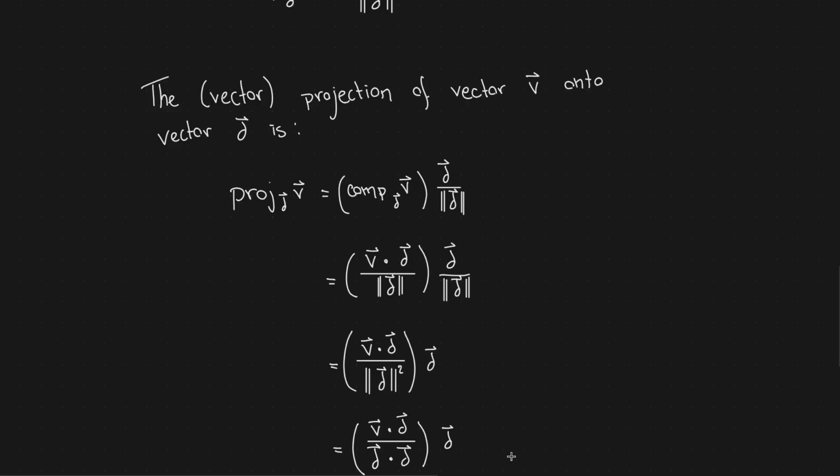First, notice, and I think it's easiest to see with this formula here, notice that we don't care about the magnitude or length of d. I've said this before, but I really want to emphasize it here. We're just saying how much of vector v is in the direction of vector d, which means we don't care about the length of vector d, we care about its direction.